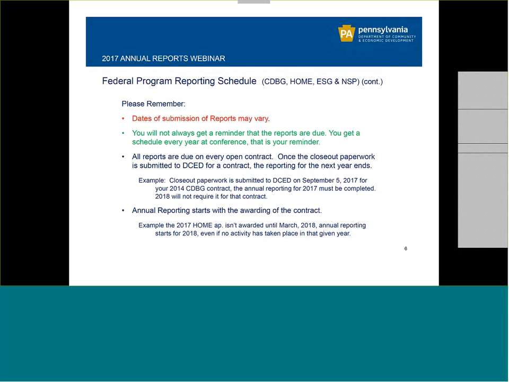And also, annual reporting starts with the awarding of the contract. A couple of HOME people last year got their contracts in October and November, and then didn't submit some of the HOME forms. If you are under contract, you've got your blue back, you must do your annual report, even if there's no activity.